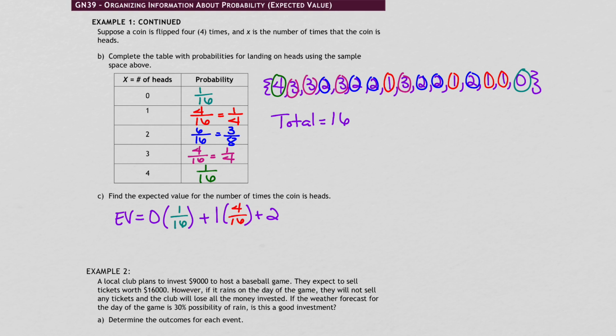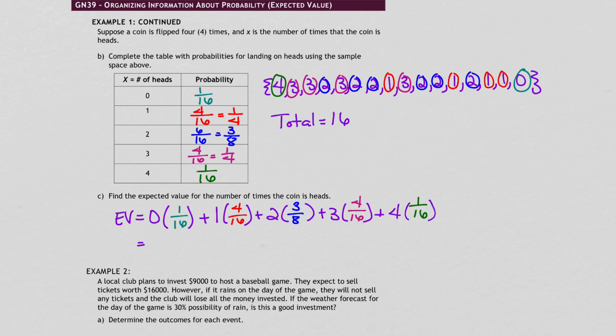So we'd have then 2, and the probability of getting a 2 is 6/16. 3 times the probability of getting a 3, which is 4/16, plus 4 times the probability of getting a 4, which was 1/16.